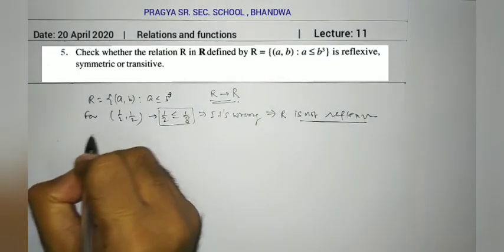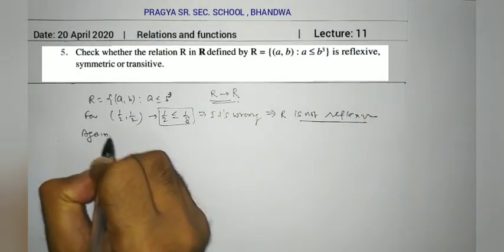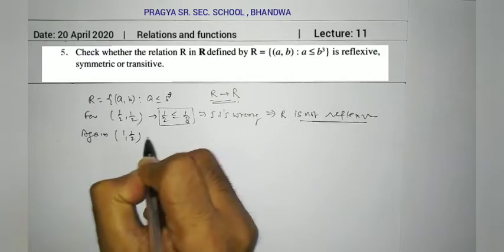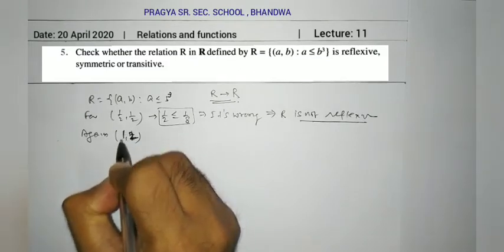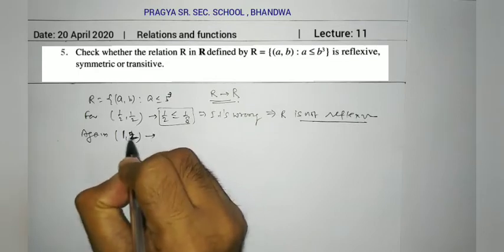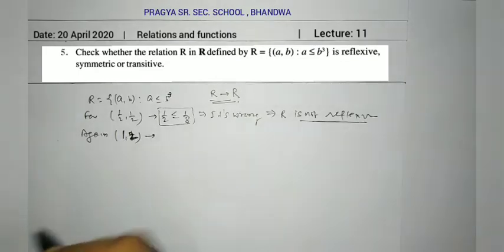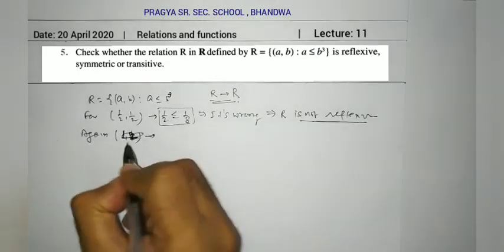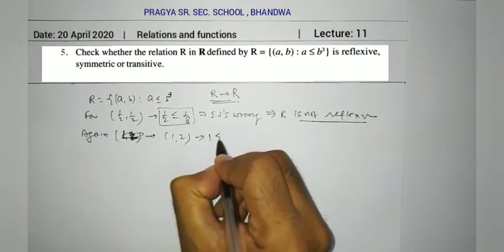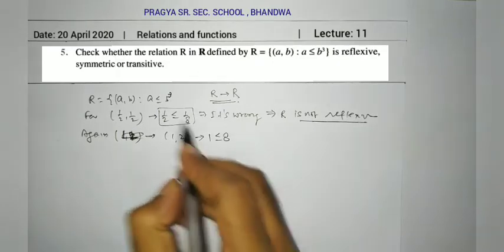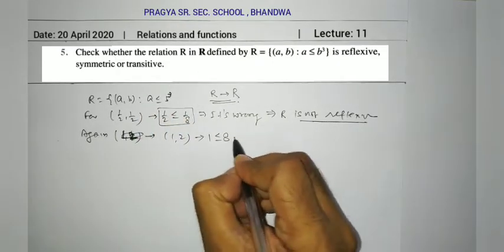Again for symmetric, if you consider (1, 2), because if you are able to show it for any one pair, we can say whether it's symmetric or not. Here for (1, 2): A less than or equal to B cube, 1 is less than 8, which is true.